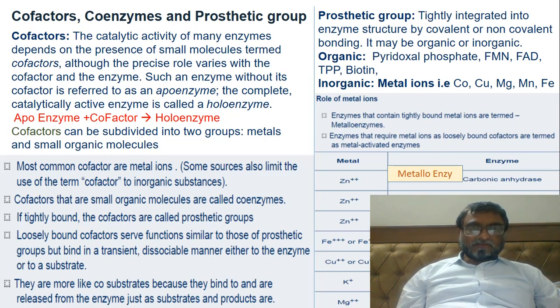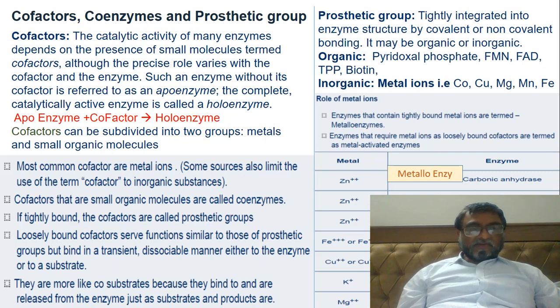The proteinaceous part of the enzyme without the cofactor is called the apoenzyme, and the complete catalytically active enzyme is called the holoenzyme. So the apoenzyme is the protein portion, and when the cofactor is attached to it, that is technically called the holoenzyme.